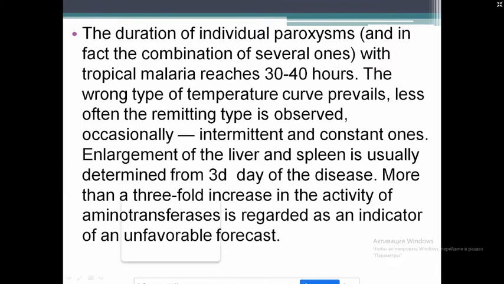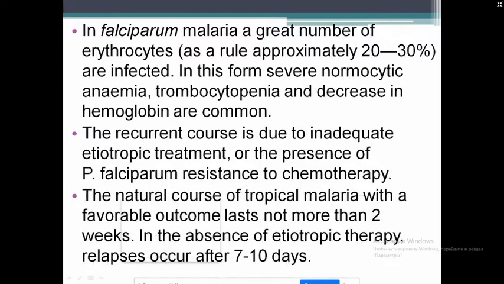More than a threefold increase in the activity of aminotransferase is regarded as an indicator of an unfavorable prognosis. In falciparum malaria, a great number of erythrocytes, as a rule approximately 20-30%, are infected. In this form, severe normocytic anemia, thrombocytopenia, and decrease in hemoglobin are common.